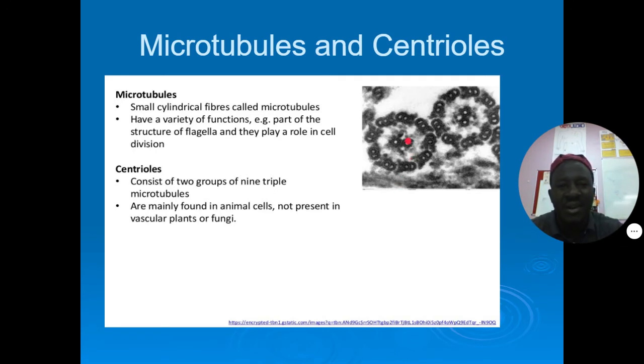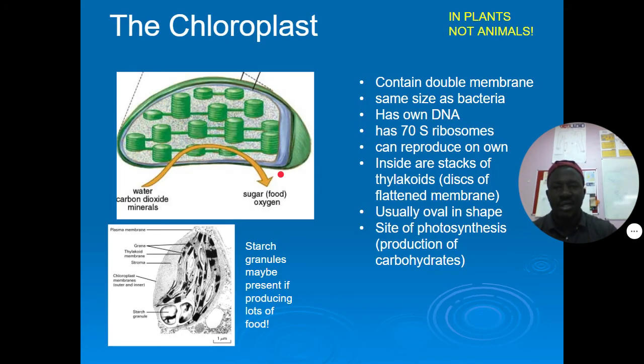So in prokaryotes, you don't see these 2. You will see this 1, 2 nine times, but in the middle you will see nothing. For eukaryotes like these ones I'm discussing, we have a 9 plus 2 microtubules. So if we are to make a difference, the microtubule arrangement of a prokaryotic cell is 9 plus 0, whereas in eukaryotic it's 9 plus 2.